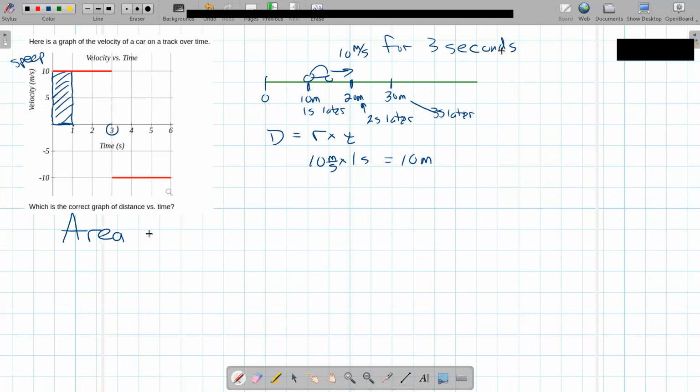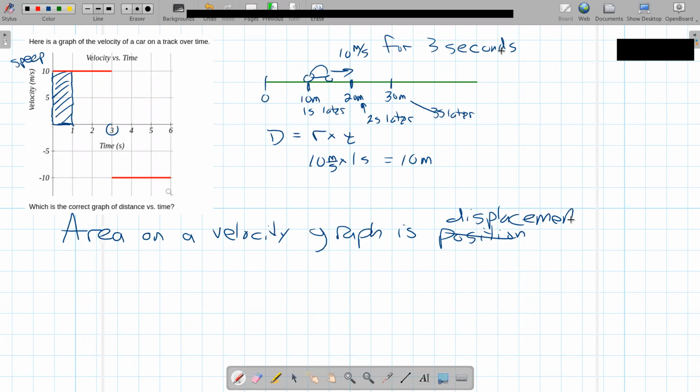So area on a velocity graph is position. And often in physics, we call it displacement, position or displacement. Another term we'll use there. And I keep accumulating those areas and I get a total area after 3 seconds here of that 30 meters away, right?